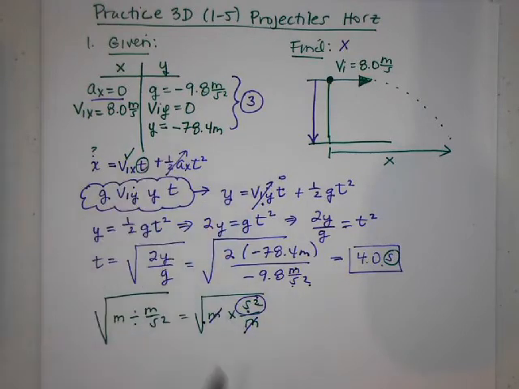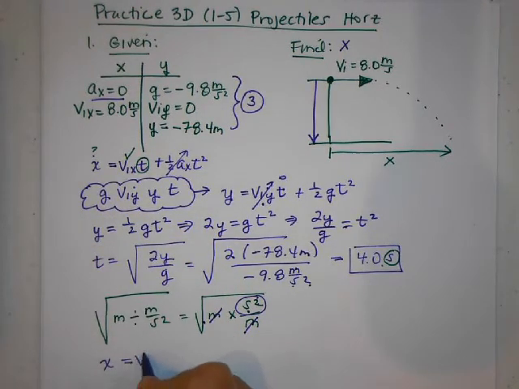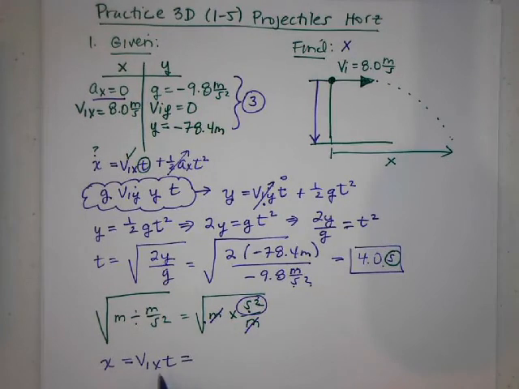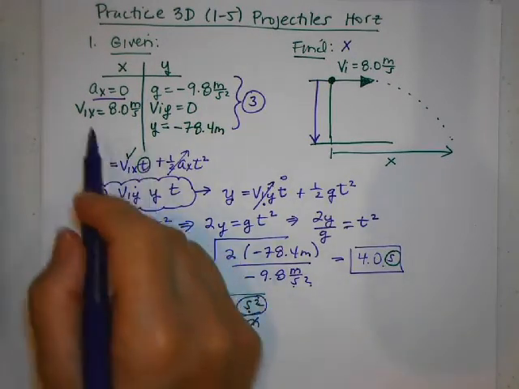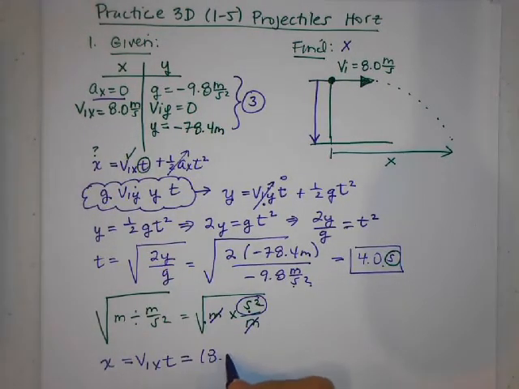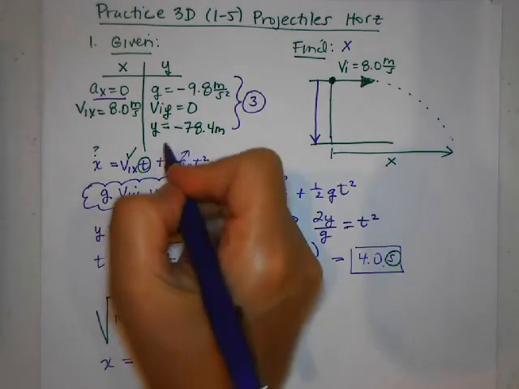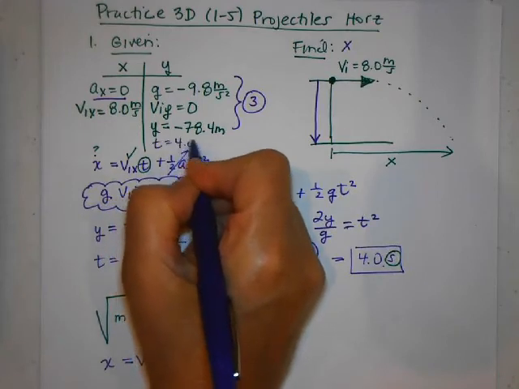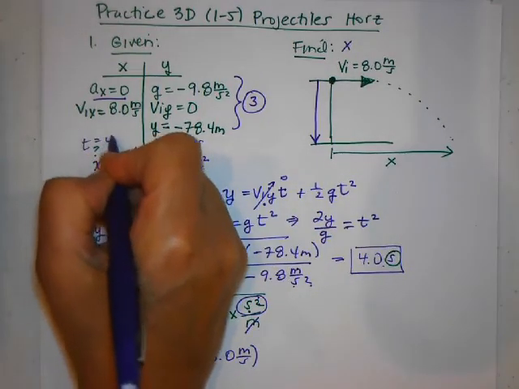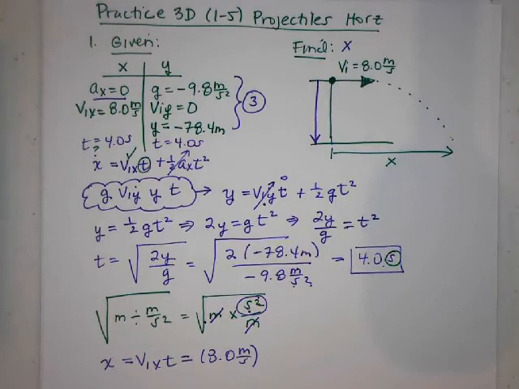Going back to the original problem, I want to find x. So x is equal to Vix times t, which is going to be 8 meters per second. And remember, the time is the same, x and y. So if I get the time is equal to 4 seconds on this side, the time is also equal to 4 seconds on this side.